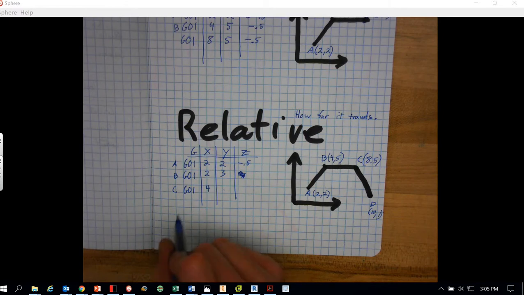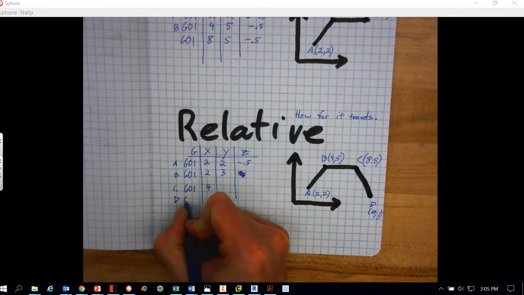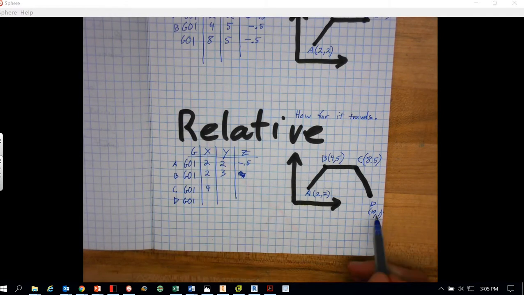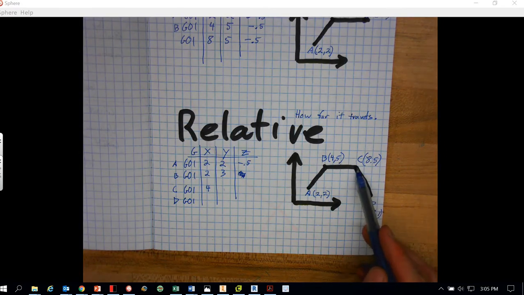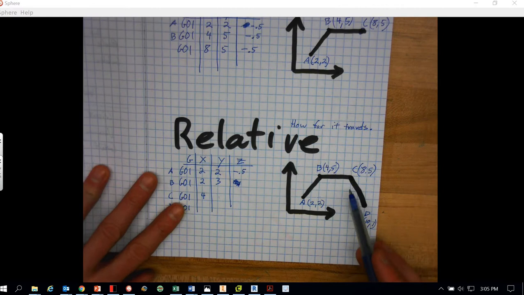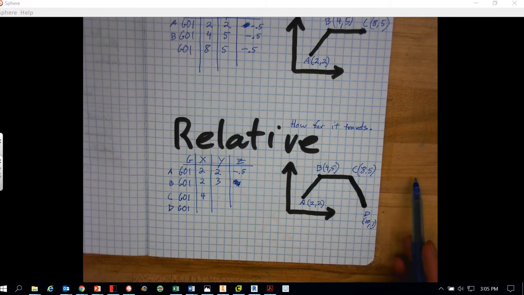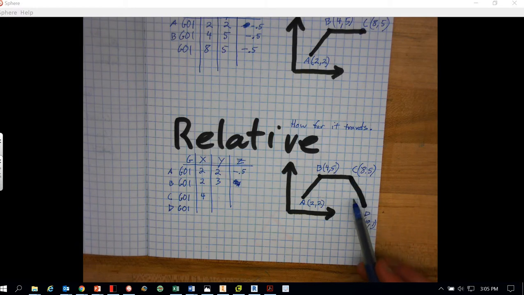Well, you're not going to put in the point. If you put in 10, 1 for this, it's going to end up somewhere up here, because it would go 10 spaces on the x-axis and then 1 space up. We want it to go down 4 spaces on the y-axis and add 2 spaces on the x-axis.